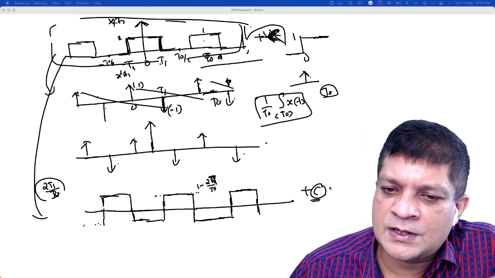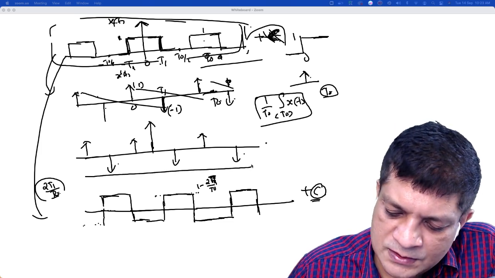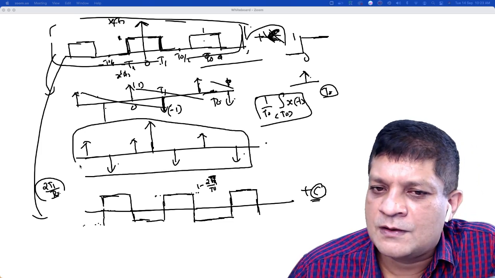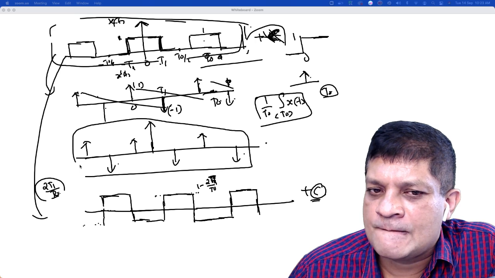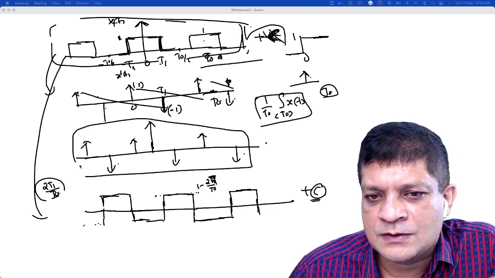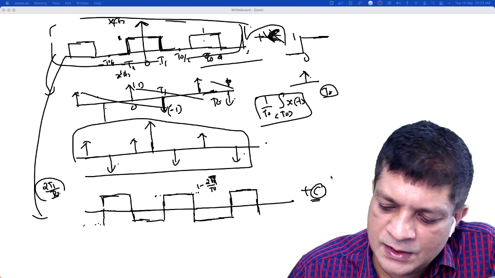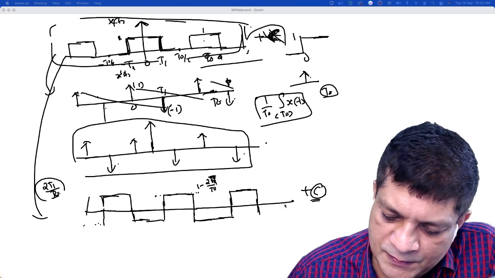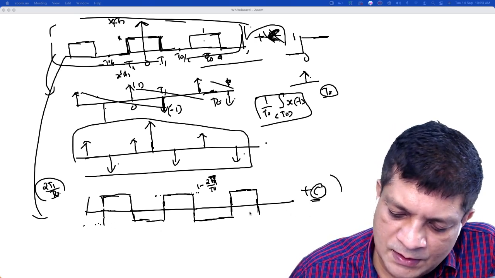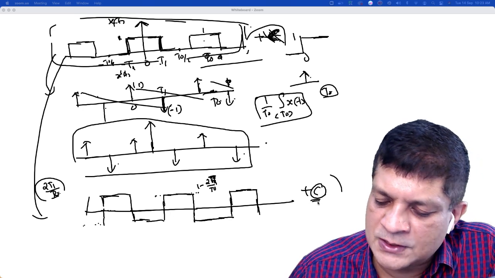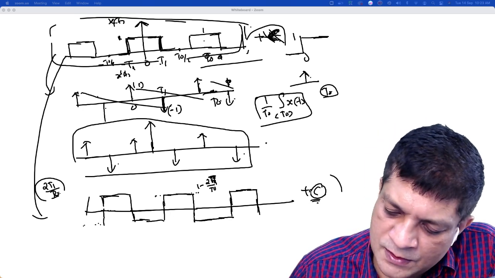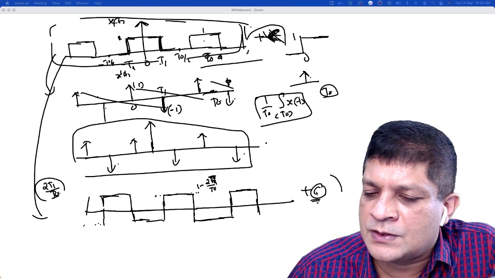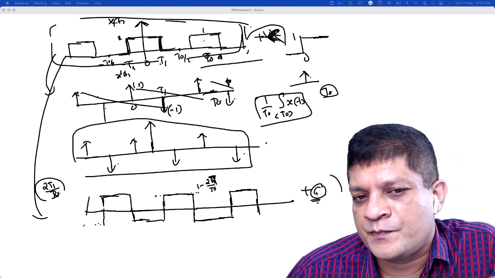Now, if you differentiate any such signal, will you get this? Yes, we'll get this, because we can use the linearity property of differentiation. It is a zero mean signal plus a constant term, and the derivative of that constant will always be 0.